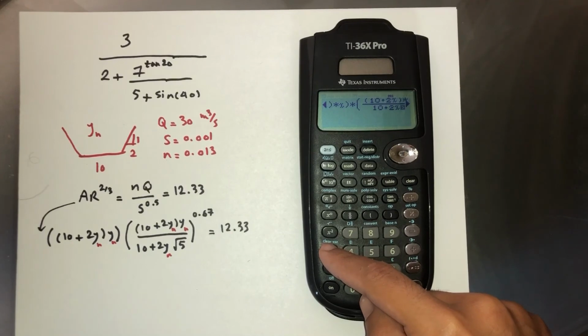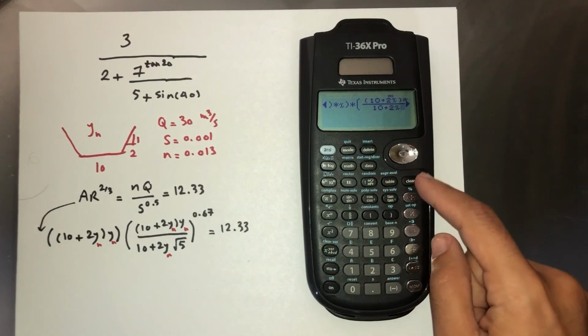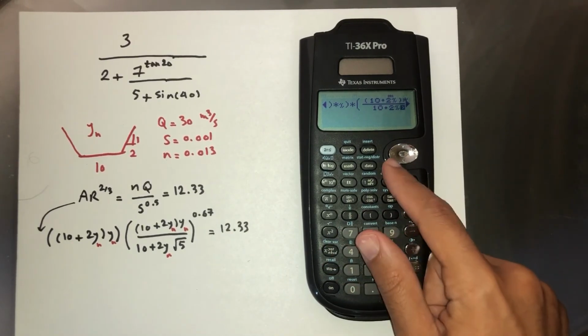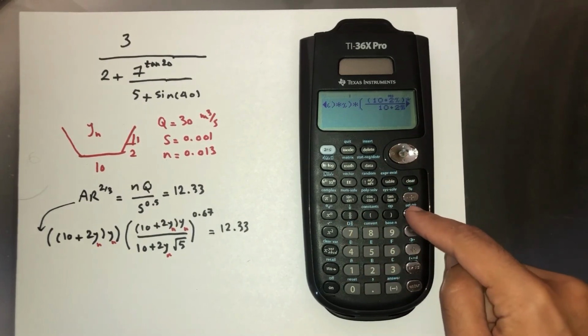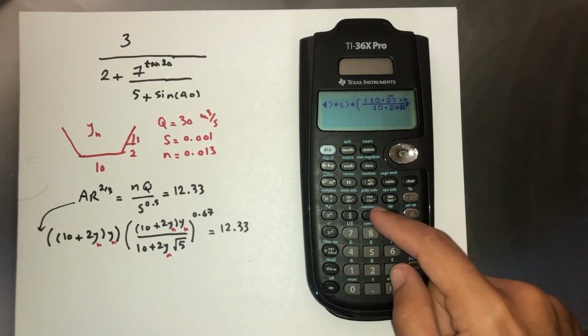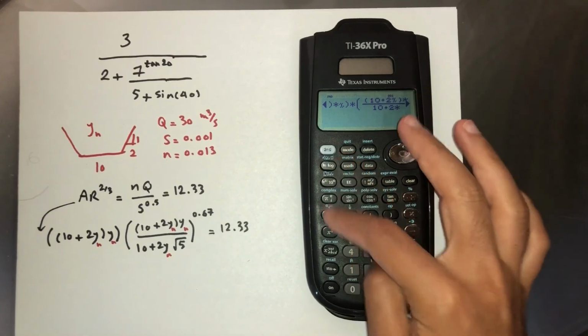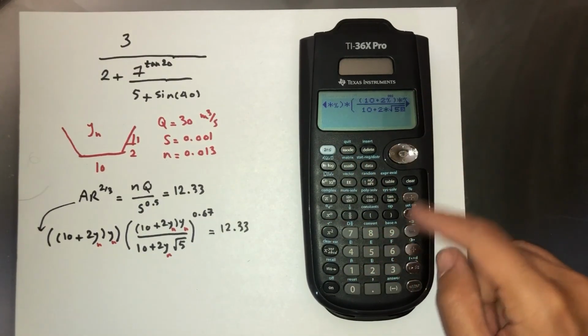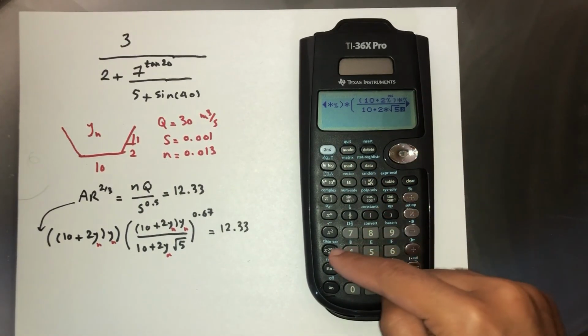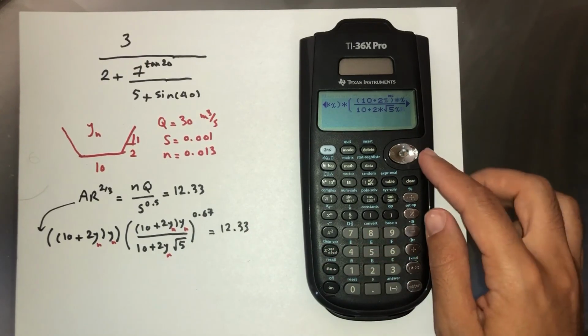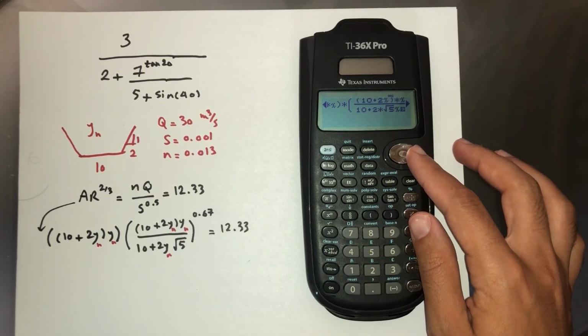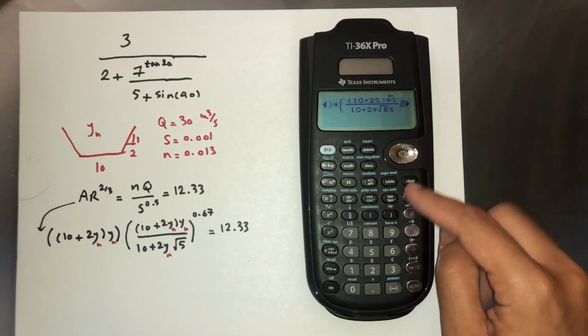2x times radical 5. So I have this times x, and then I can close this.